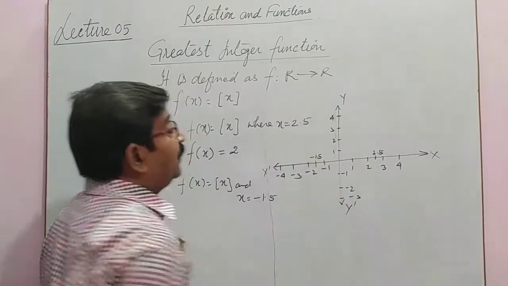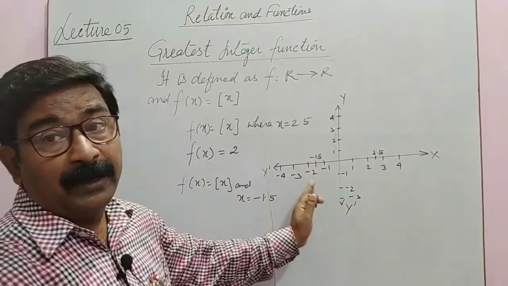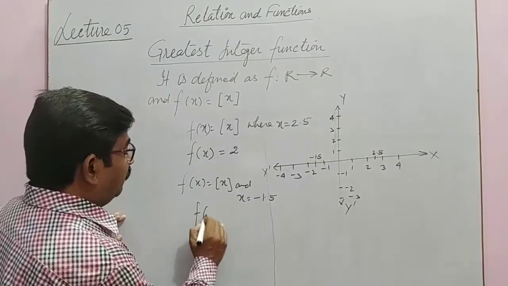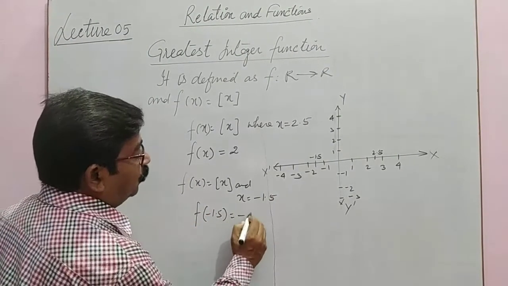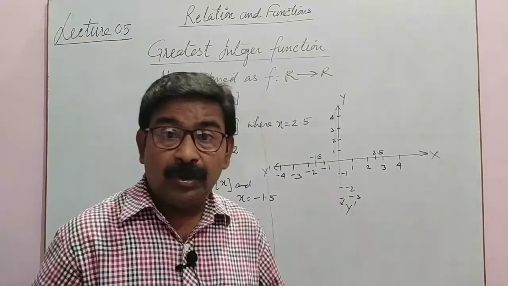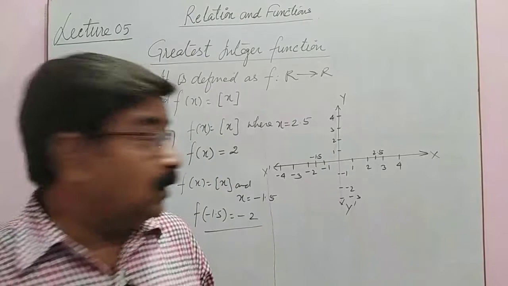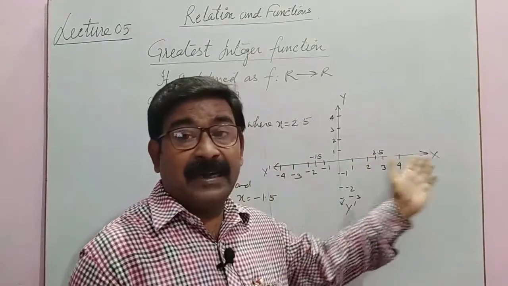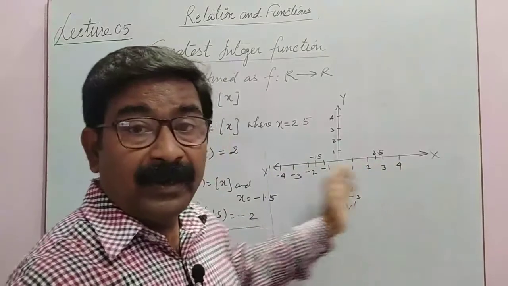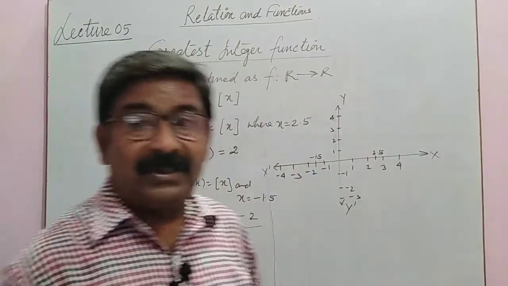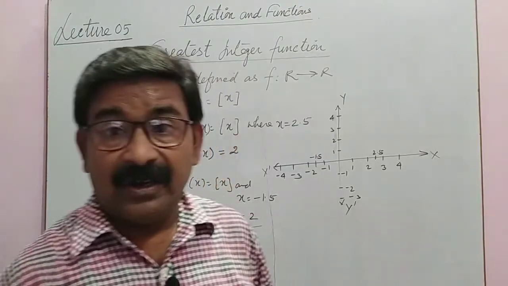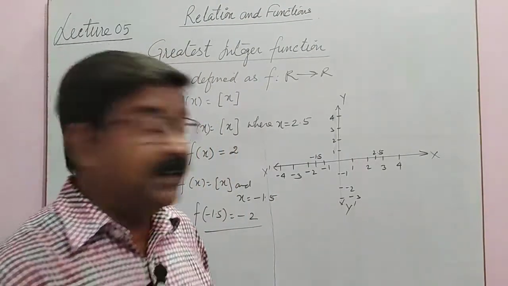To the left of minus 1.5, the greatest integer is minus 2. So in that case, f(minus 1.5) is equal to what? Minus 2. So what do we conclude? We conclude that the domain of this kind of function is all real, but the range is always an integer.